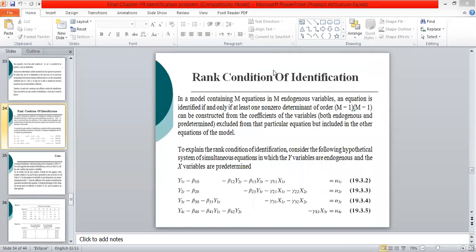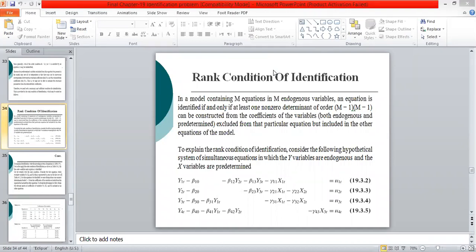Look at the model given below. To explain the rank condition of identification, we look at this model. We have four equations, which means four endogenous variables, y1, y2, y3, and y4. On the other hand, you have a set of exogenous variables.